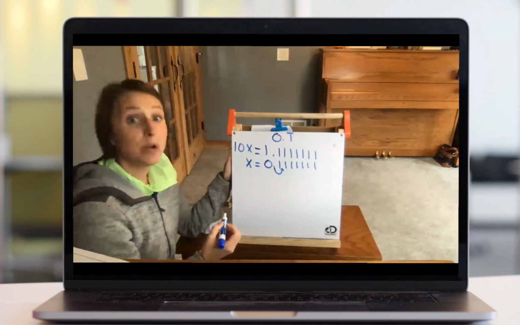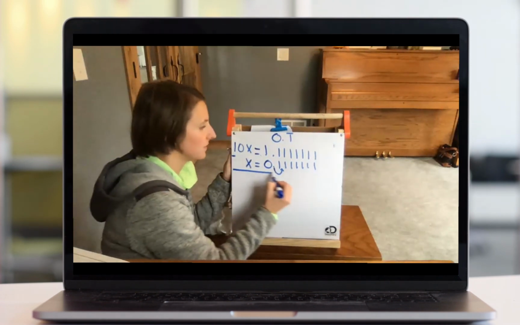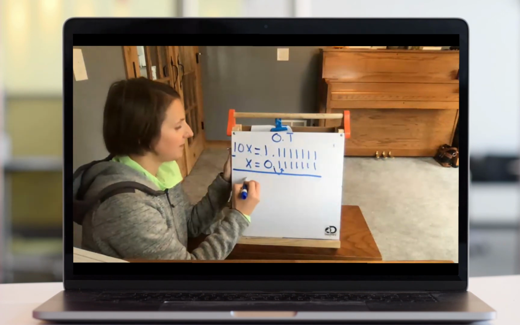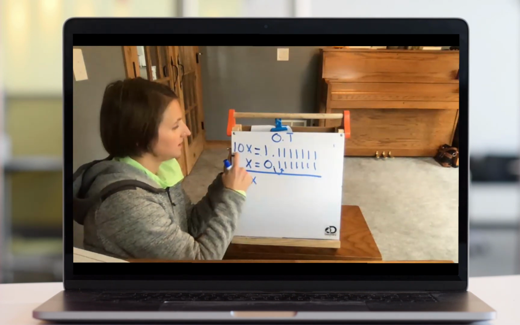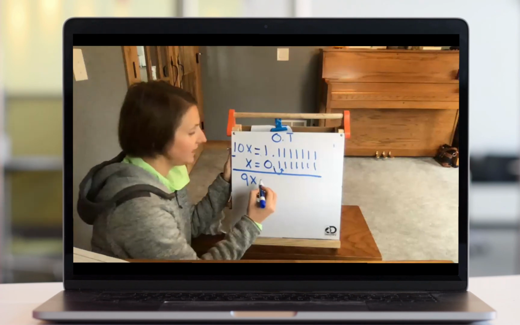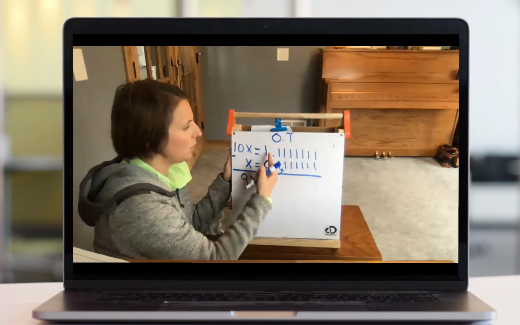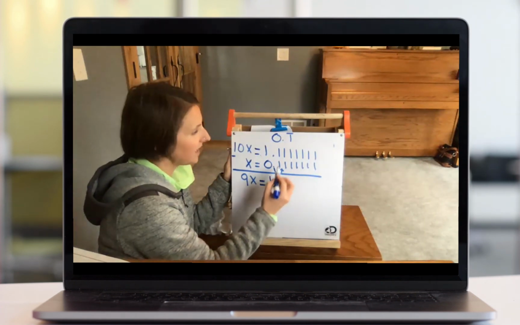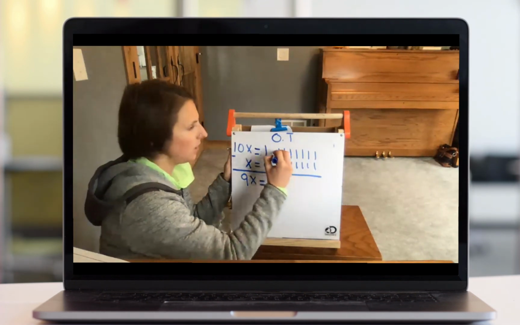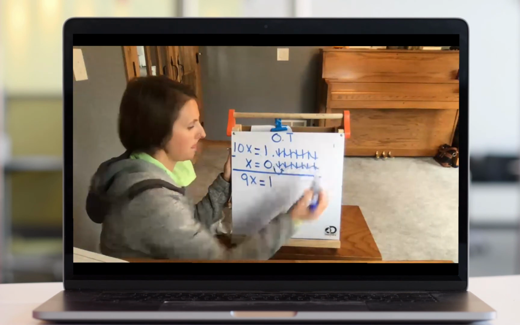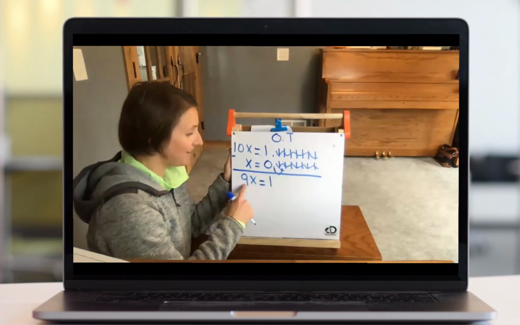And if I multiply x by 10, then 10 times x would give me 10x. Now I'm going to subtract these two values from each other. If I do that, I'm left with 9x, right? 10x, take away an x, I'm left with 9x, equals, if I work on subtracting here, 1 take away 0 is 1, and then 1 take away 1. Well, all of these cancel, don't they? And now I have 9x equals 1.